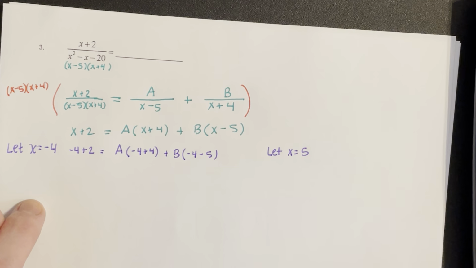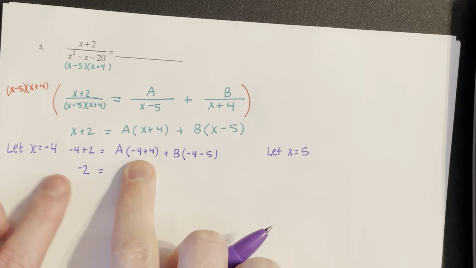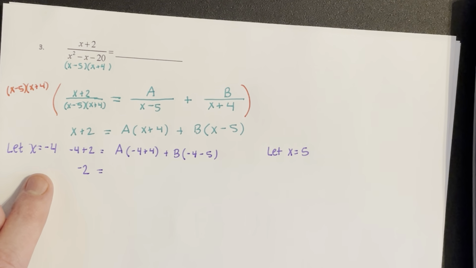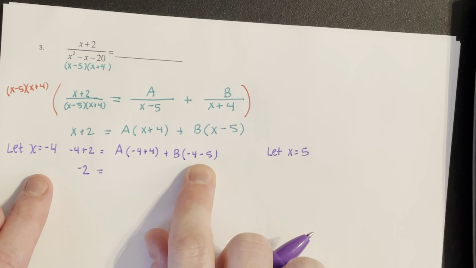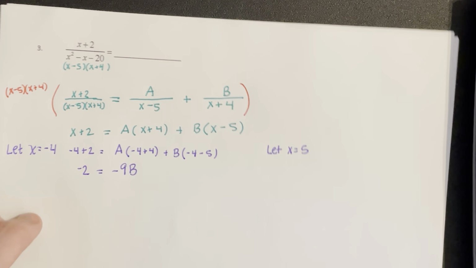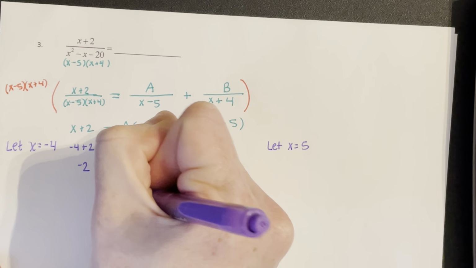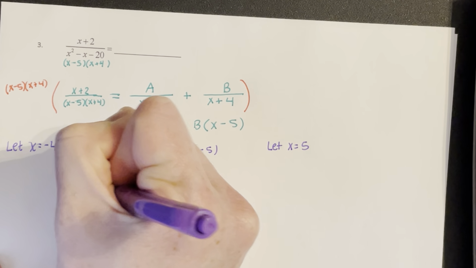So -4 plus 2 is just -2 equal. That's our 0, so 0 times a is just 0. And then b times negative 9 is negative 9b. I divide by negative 9, and I get a positive 2/9.